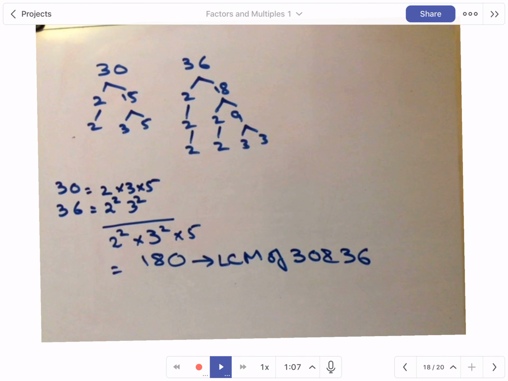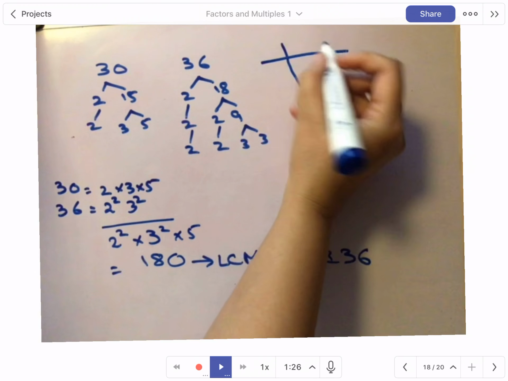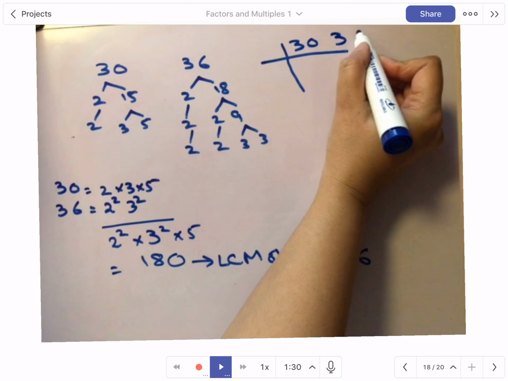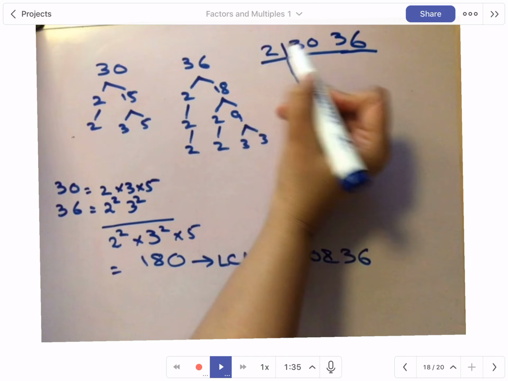So this was the factor tree method to find the lowest common multiple. We can also find the lowest common multiple by using the division method of prime factorization. So let's see how we can use this method. We write the same 30 and 36, and we start dividing by the lowest common factor.